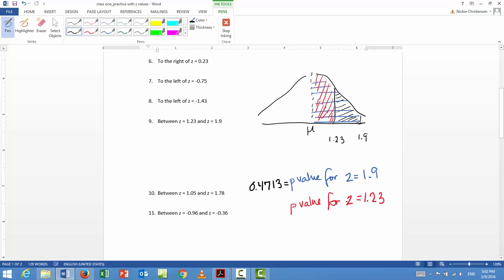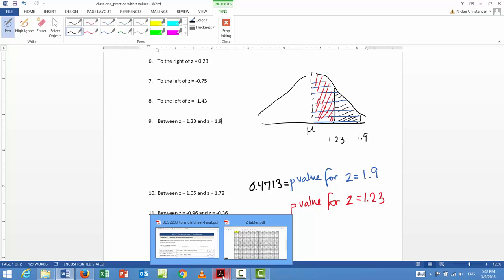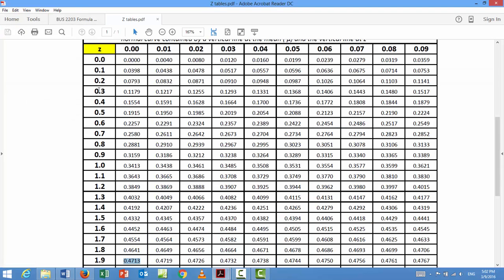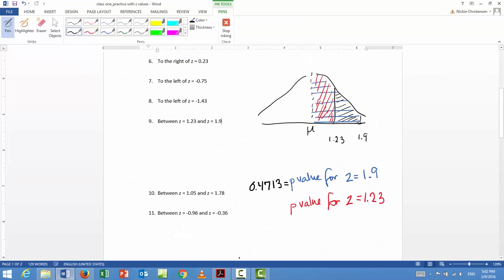Let's look up the p-value for z equals 1.23. Here is the p-value for z equals 1.23: 0.3907.